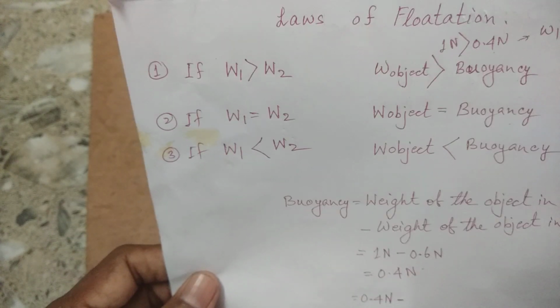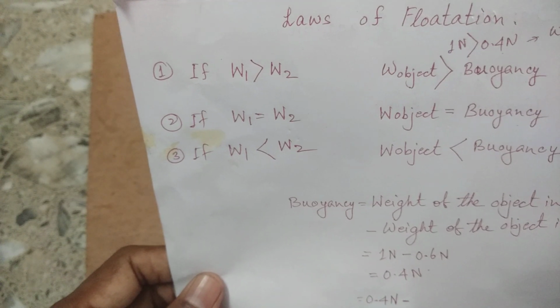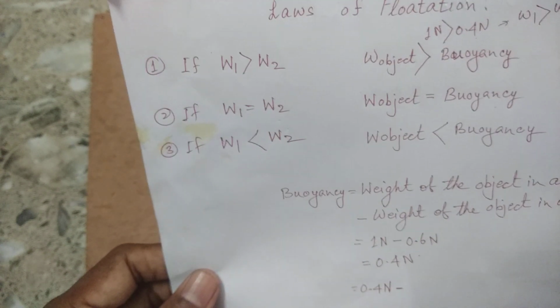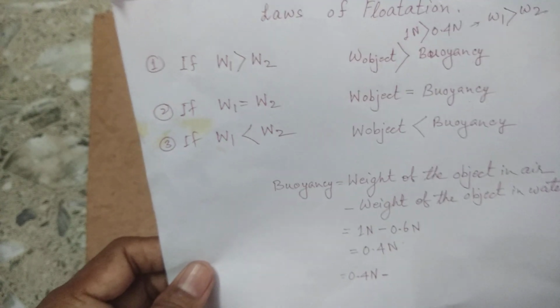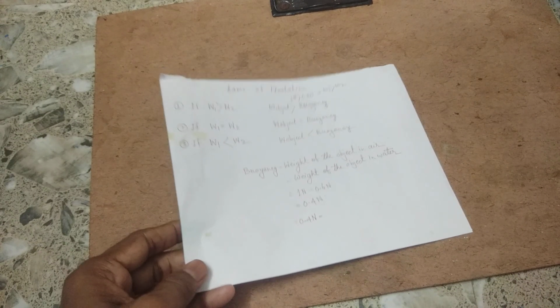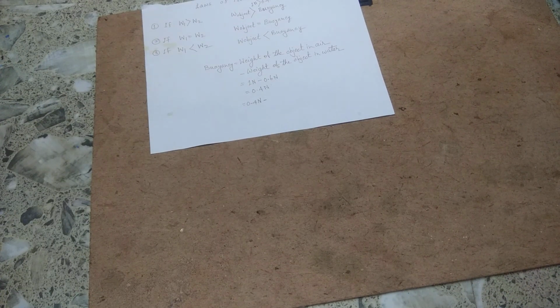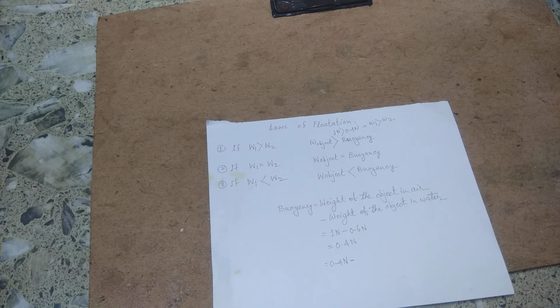I will show you two examples of how we calculate this force of buoyancy. We will apply two methods to find it. The first method is: the weight of the object in air minus the weight of the object in water is the force of buoyancy.